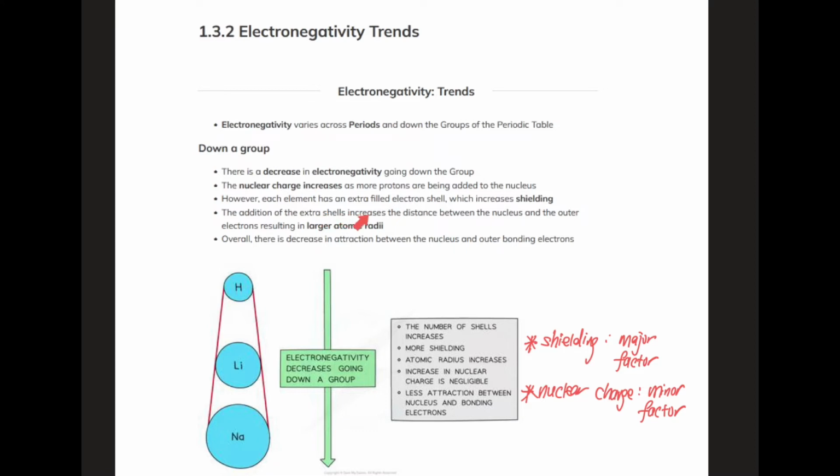So the addition of the extra shells increases the distance between the nucleus and the outer electrons, resulting in larger atomic radii. You can see the atomic radii is getting larger. So you see they're talking about the three factors: nuclear charge, shielding, and the atomic radii. Overall, there is a decrease in attraction between the nucleus and the outer bonding electrons. That's why electronegativity decreases. Okay, let's move on.